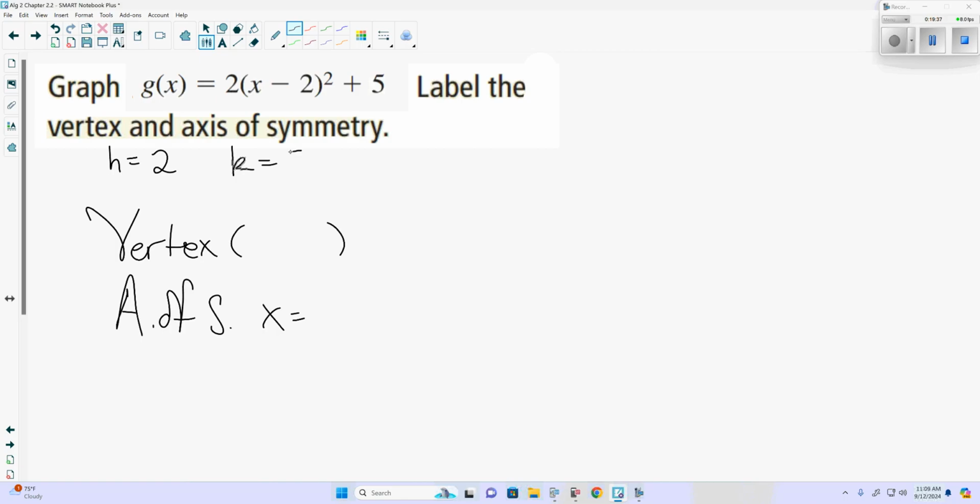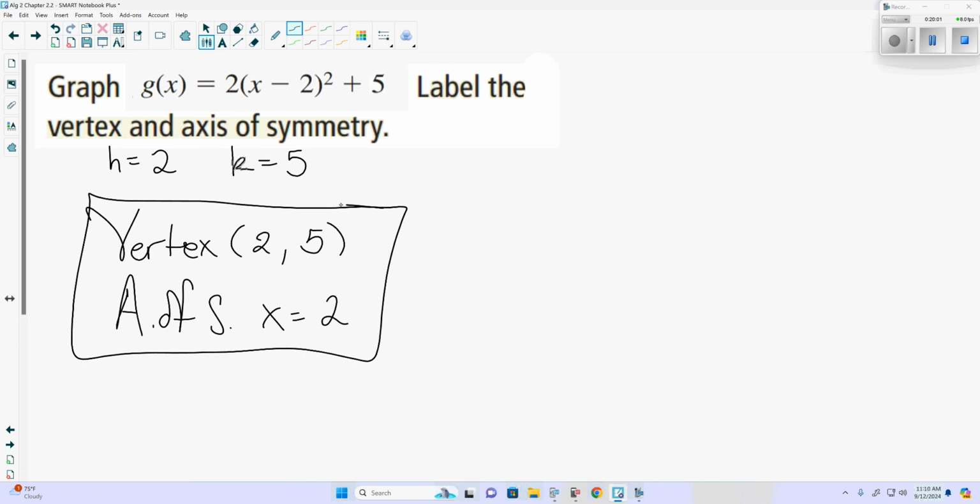Plus 5 on the outside tells us k is +5. Now our vertex is still the point h comma k, so it would be 2 comma 5. Axis of symmetry, x equals h, so x equals 2. And that is it. Questions on this here?